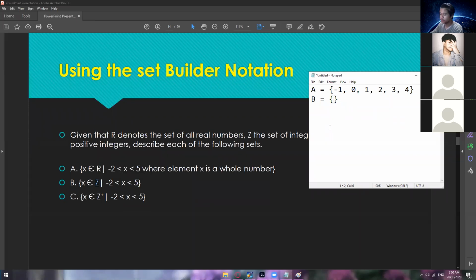Okay. So we have here negative 1, 0, 1, 2, 3, and then 4. So kung integer ang usapan, so hindi na kailangang i-indicate na X is a whole number kasi by its definition, Z is an integer or Z is a whole number already. Okay. So same lang sila. How about the letter C?